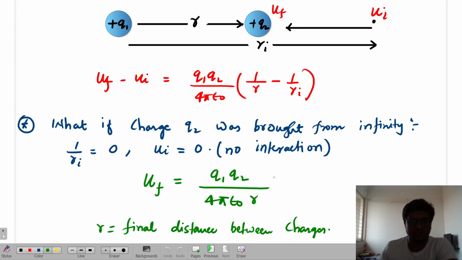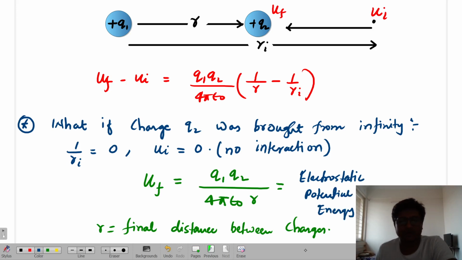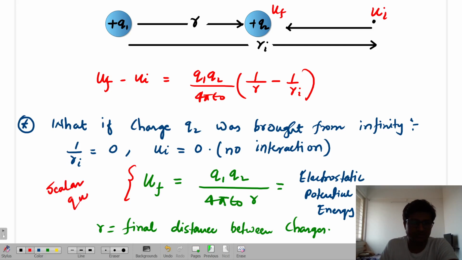This is called electrostatic potential energy. And as this is coming from work, potential energy, you know that it is always a scalar quantity. Is that clear or not?